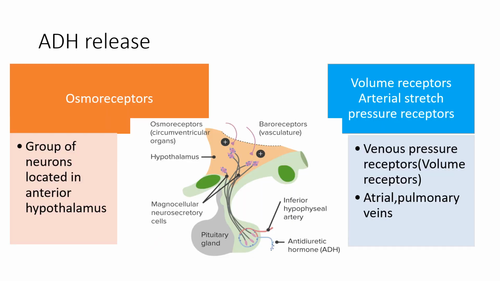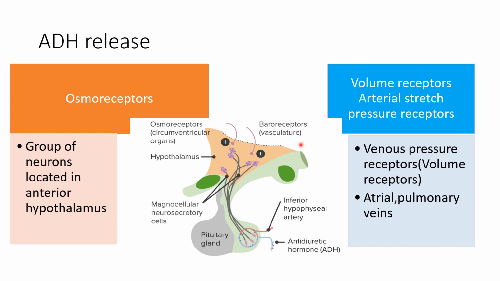Here in the slide you can see that ADH release is not only brought about by the stimulation of osmoreceptors, but we also have a secondary mechanism, which is the arterial blood pressure receptors, or the baroreceptors.